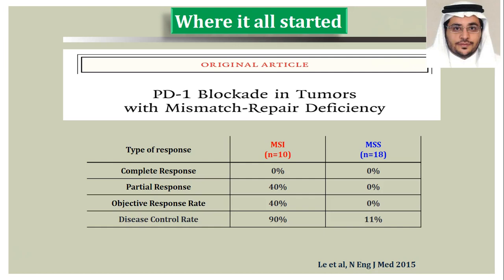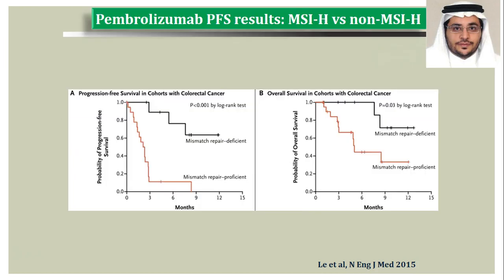Those patients were actually in second and third line of therapy. If you look at the progression-free survival, it's huge. The curves separate very nicely. And again, the overall survival is huge, with remarkable improvement in patients only with MSI.